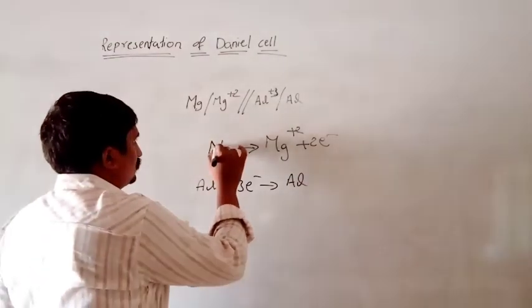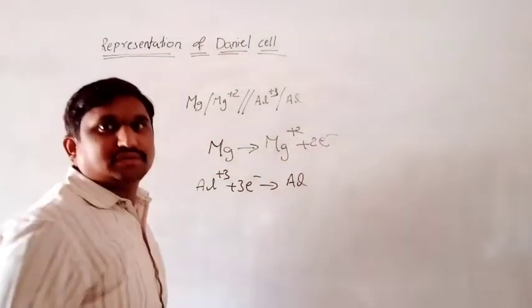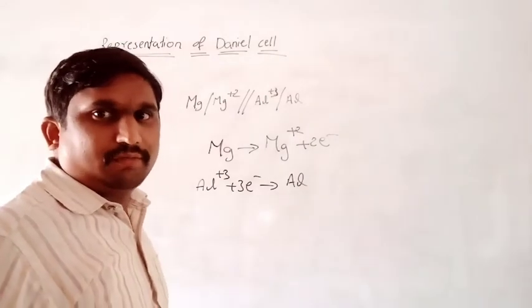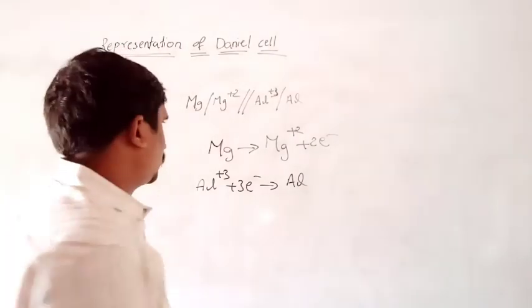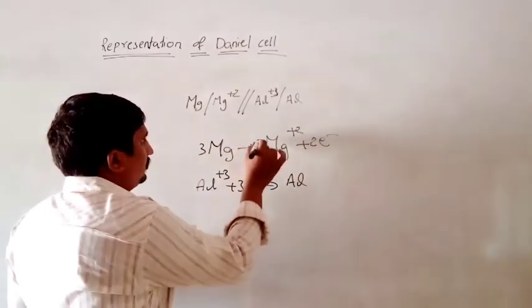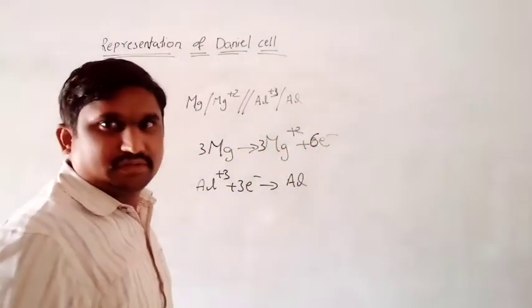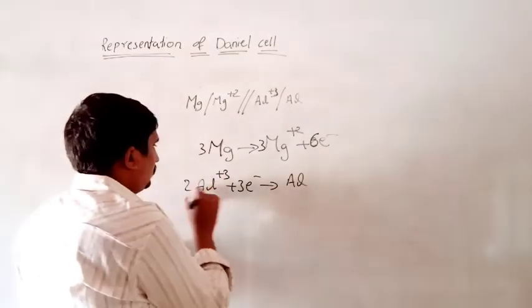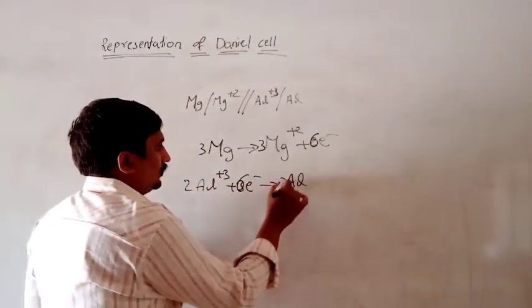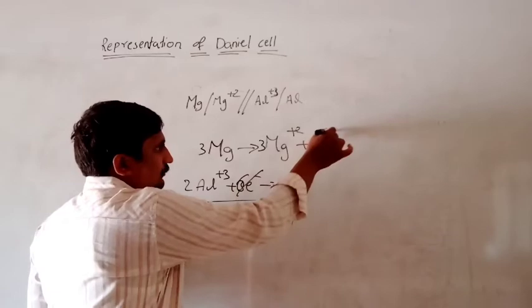See here, the number of electrons are not equal. So first of all we have to balance the number of electrons. This equation we can multiply totally with 3, and this equation we can totally multiply with 2. Then the electrons are now equal.